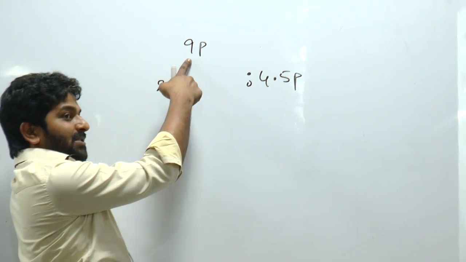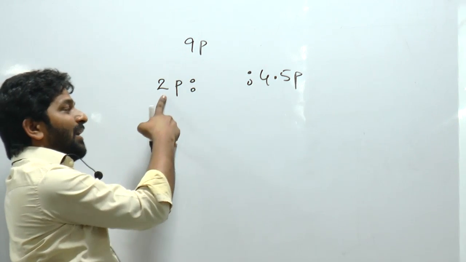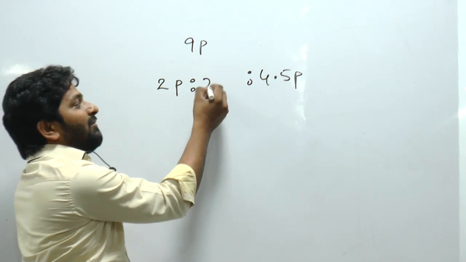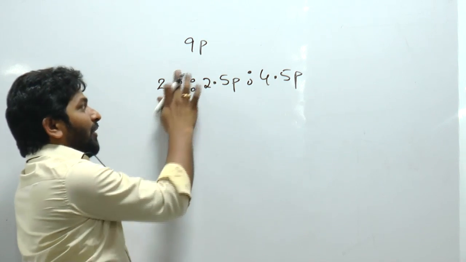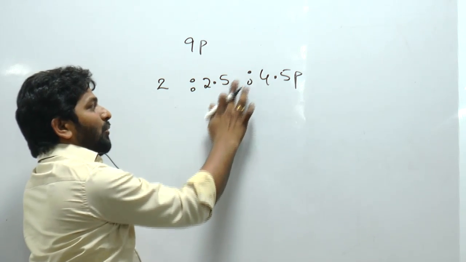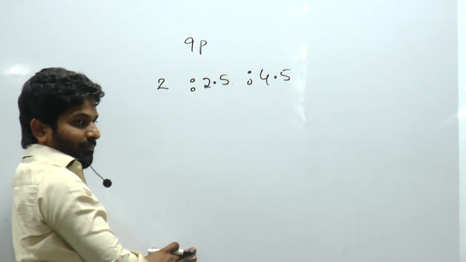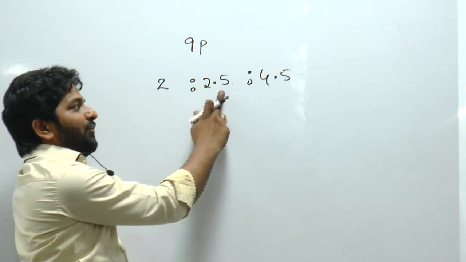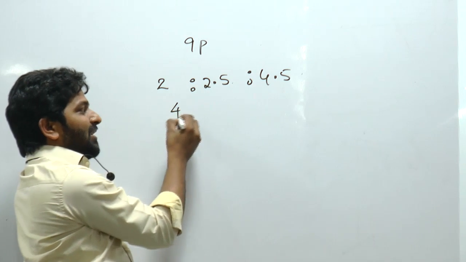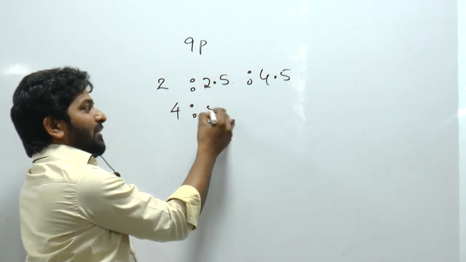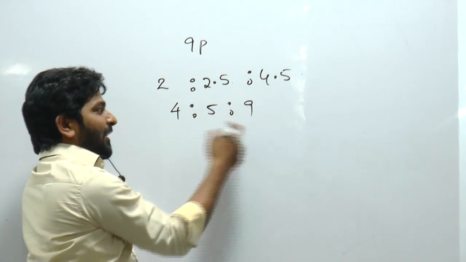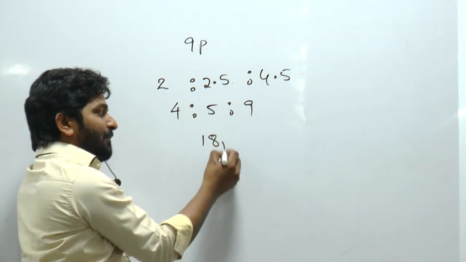Remaining is 4.5 parts. Out of 4.5 parts, if A alone invests 2 parts, B invests 2.5 parts. Ratio becomes 2:2.5:4.5. 20, 25, 45. Cancellation with 5. 4 times, 5 times, 9 times. Total how many parts? 18 parts.